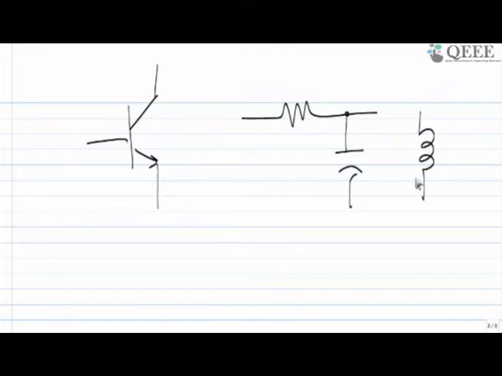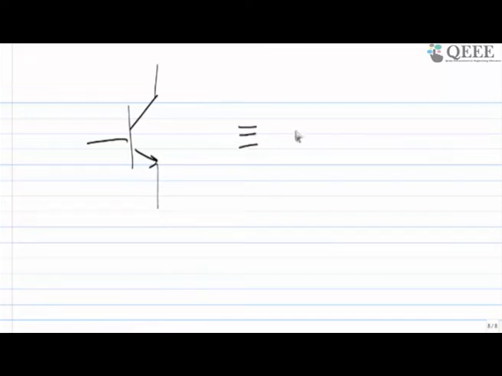So if we can transform the whole BJT into resistor, capacitor, or maybe inductor, I can find all the associated terms, or time response, frequency response, or everything, very easily. First of all, this three-terminal device is not so intuitive, and I cannot tell something about it very easily. So I have to put in some model.